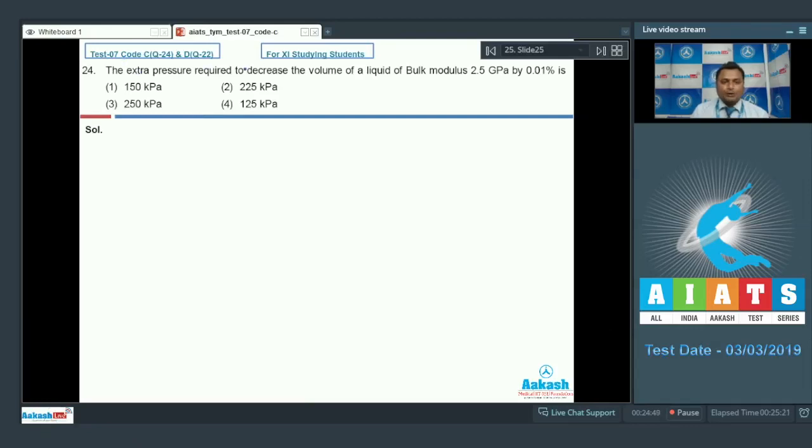The extra pressure required to decrease the volume of liquid of bulk modulus 2.5 gigapascal by 0.01% is what? Here change in volume is written, that is percentage change, delta V by V into 100 is given 0.01%. So we can write delta V by V as 0.01 divided by 100.